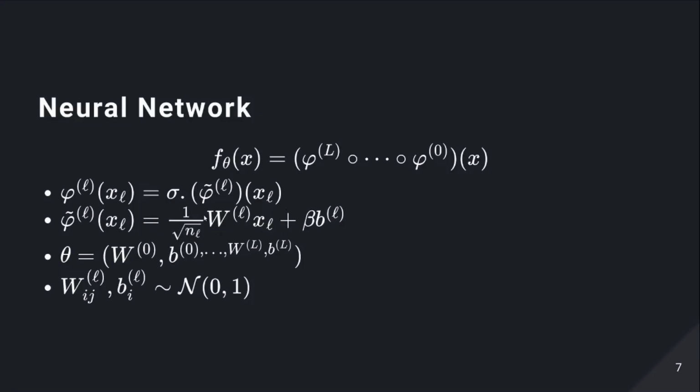And this 1 over square root is actually important, rather than say 1 over n, essentially to ensure that we get convergence to these nice limit objects as n_L goes to infinity.